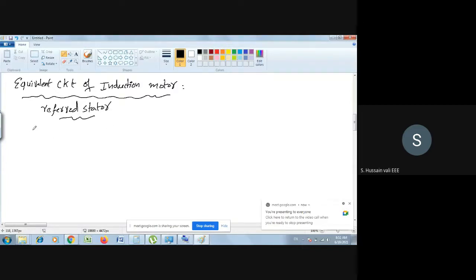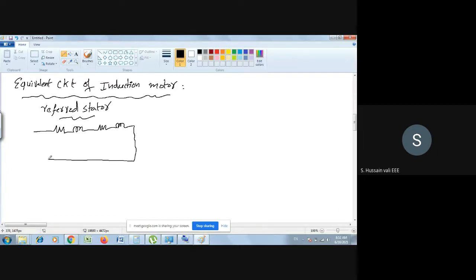So you have the XM also there. This is the stator voltage.